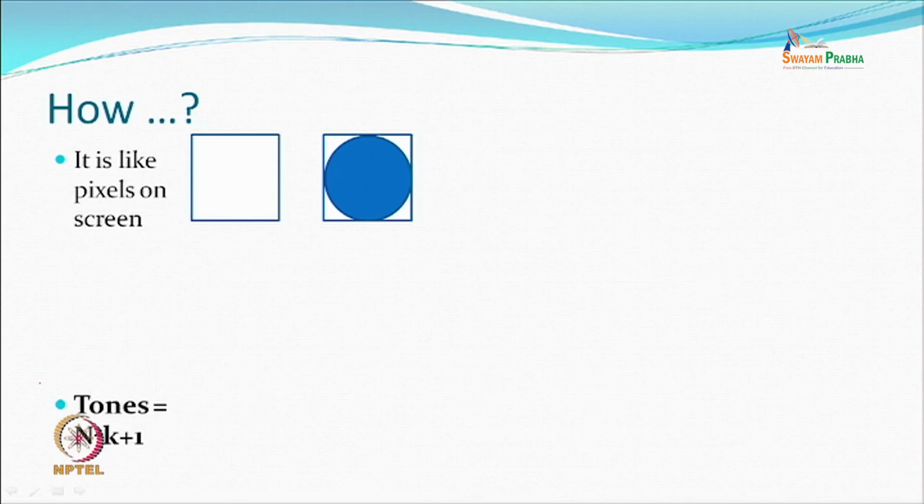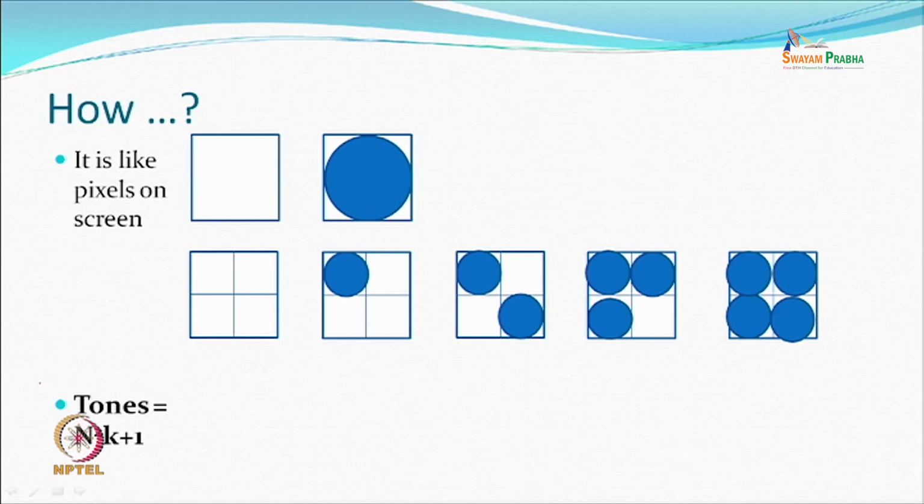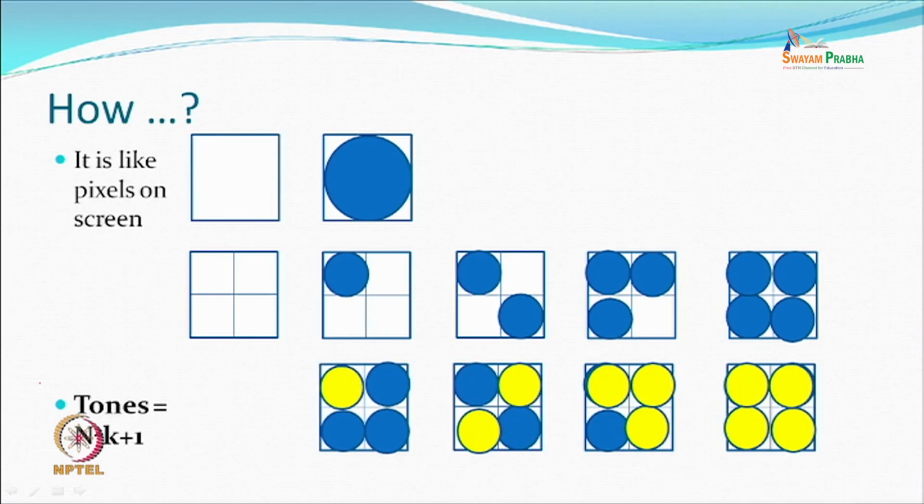But if you divide the same area into 4, which can be considered as a 2 by 2, then you have 5, same area, because you have been able to reduce the size of the droplet. And if you have, instead of one color, at the moment white is not considered, the white is giving 1. But if you have more than 1, then you can create 9, because you have 2 colors or 2 shades.